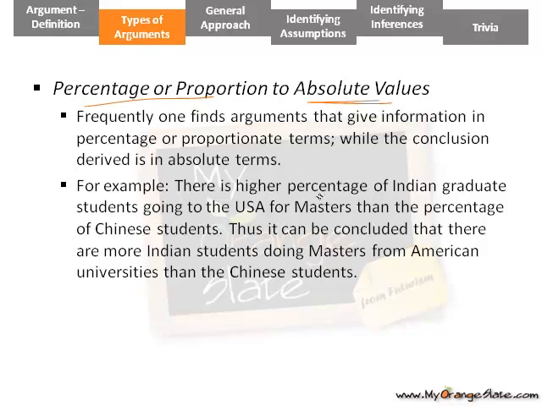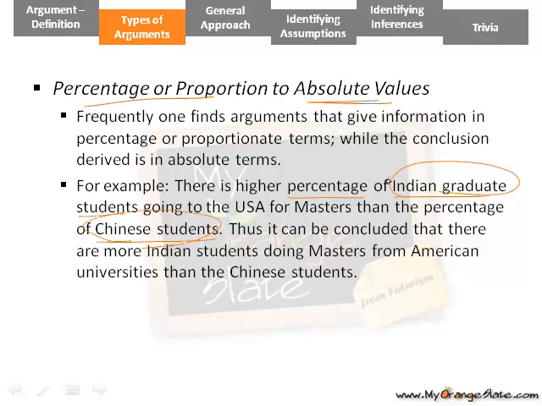Now friends, in this argument if we see, the information is given in terms of percentage of Indian graduate students and that of Chinese students. So higher percentage of this, does it necessarily mean greater number than this? We cannot say that, right?